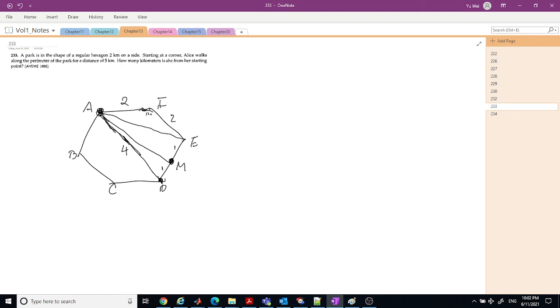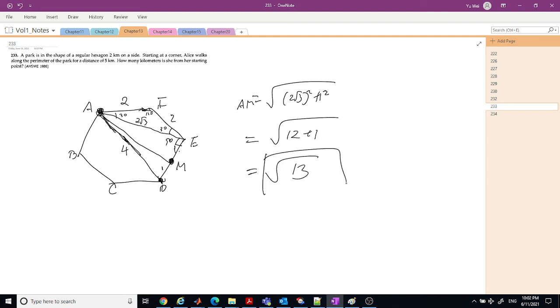This is 120 degrees, so this is 30 degrees and this is 30 degrees. So that's why this is 90 degrees. This is 2 root 3, so AM is equal to the square root of (2 root 3) squared plus 1 squared, which is 12 plus 1, equal to root 13.